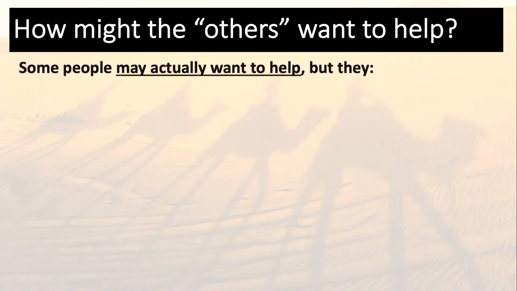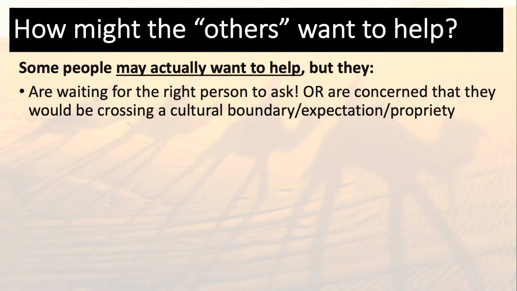So, some other people in the community might actually want to help, they just don't have green thumbs. So it can feel like, well, how can I help out when I'm not gifted in this area? But they have narratives about this, like, okay, I'm just waiting for the right person to ask me.